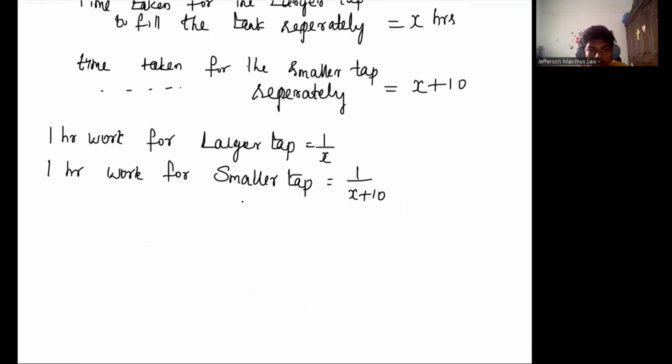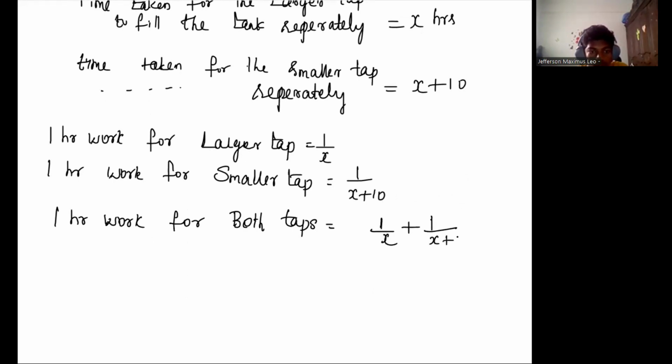Yes, ma'am. So 1 hour work for both taps is equal to 1 by x plus 1 by x plus 10. In 9 3/8 hours, the whole tank will be completely filled.